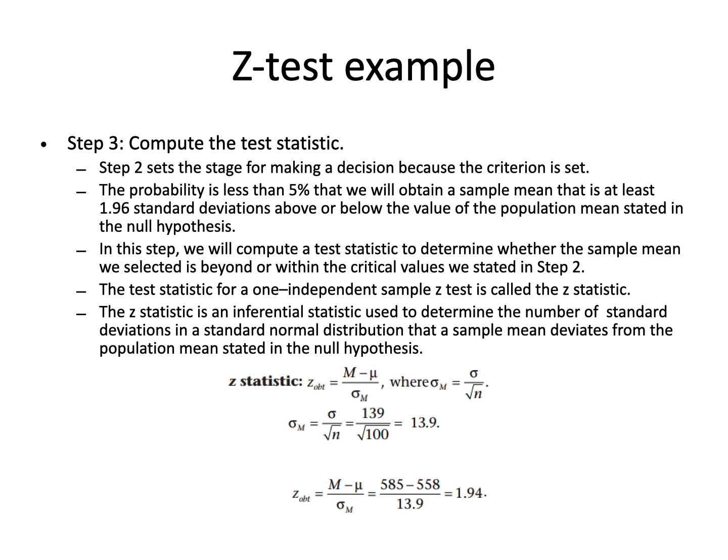Here for the z statistic, the z obtained is estimated using the difference between the sample mean and the population mean divided by the standard error, and we estimate the standard error by dividing the population standard deviation by the root of n. Here n is the sample size.